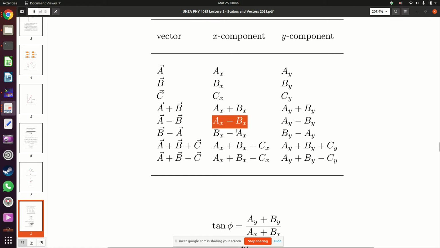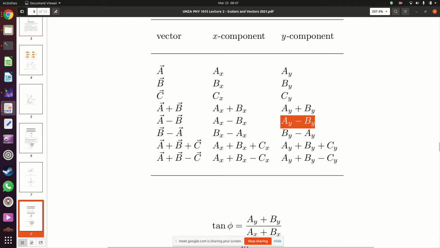Then along the y-axis is going to be ay minus by. Are we clear on what we are doing? We are trying to find out, when you're adding or subtracting these vectors, how much each of these vectors is along the x-axis and how much along the y-axis.